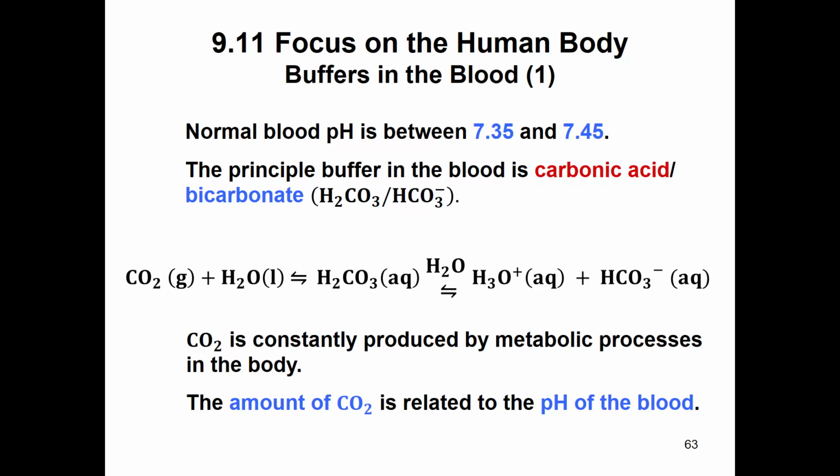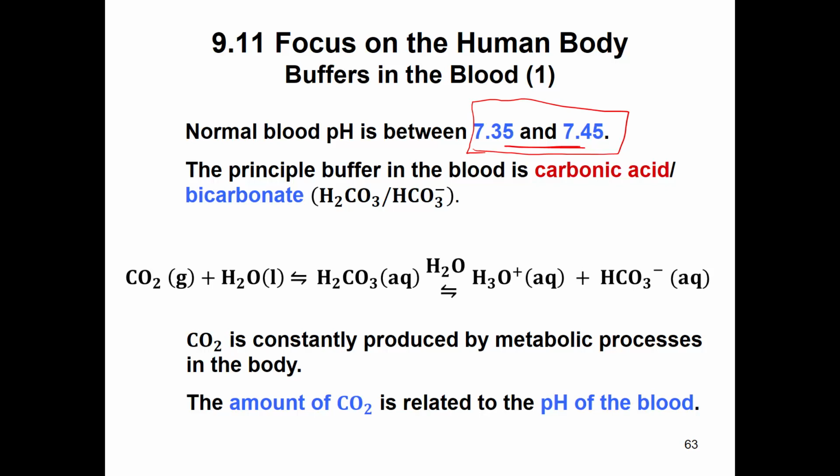So buffers are super important, especially in the human body, and we have several buffer systems. I mentioned earlier that normal blood pH is between 7.35 and 7.45. If we didn't have buffers, it would be impossible to maintain that small a range of pH.